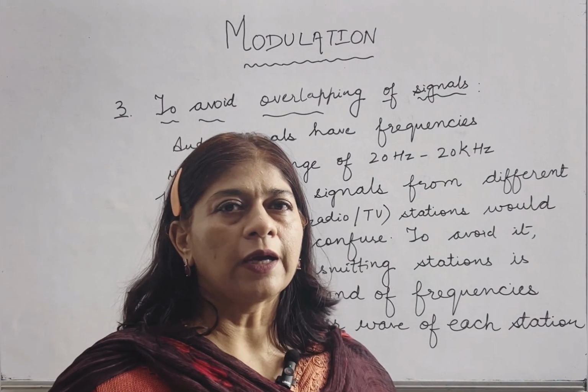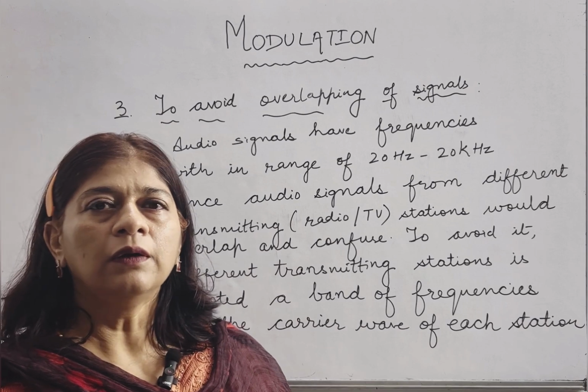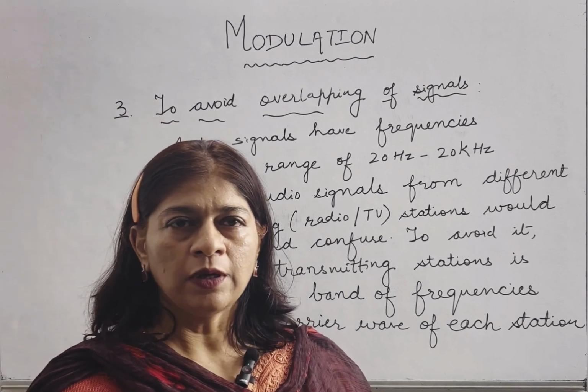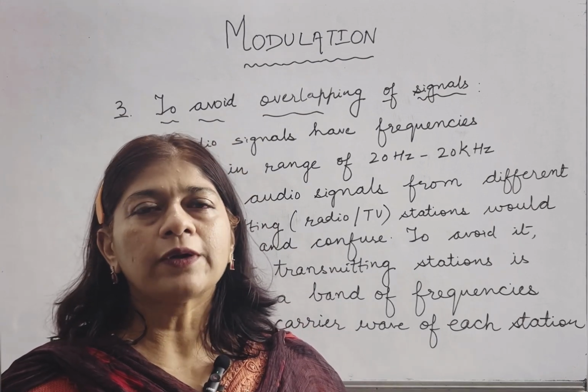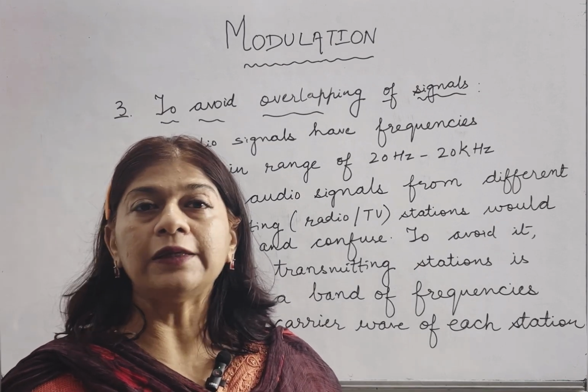Now, the third point of the need of modulation is to avoid the confusion at the reception end. Actually, what happens? When the audio signals are being sent, the range for that is 20 hertz to 20 kilohertz. This range is very limited.